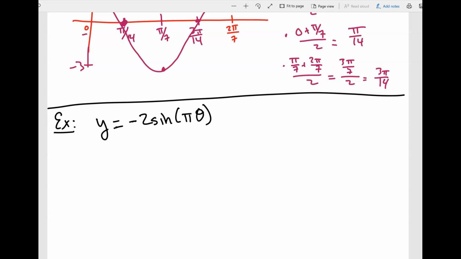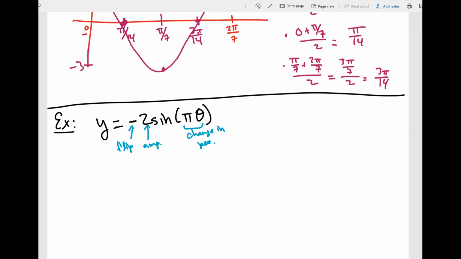Okay, so notice that we have a couple things. We have a change in period, so the period is going to change. We also have amplitude, and we also have a flip of the graph. So we have 3 different things that we have to do.